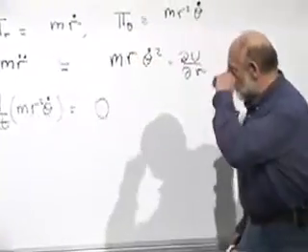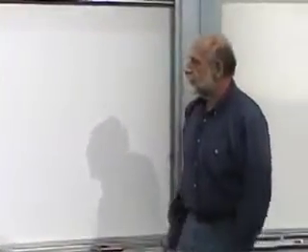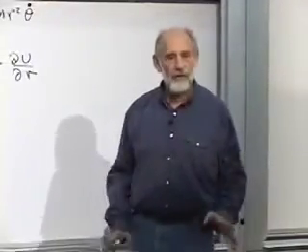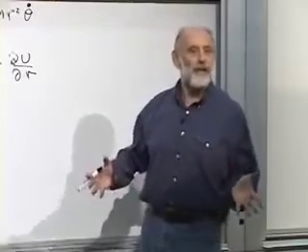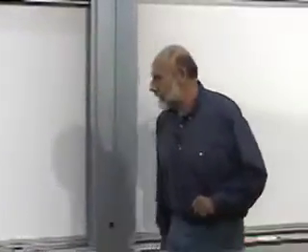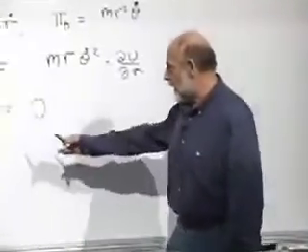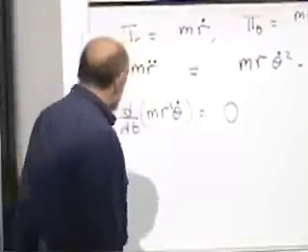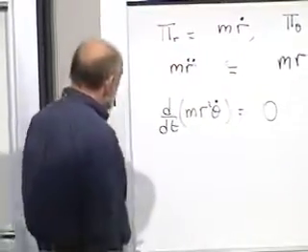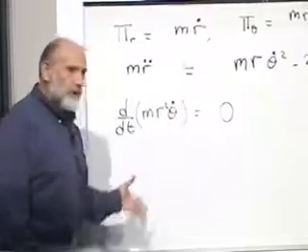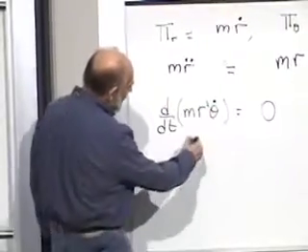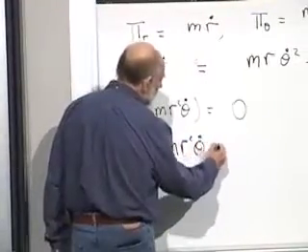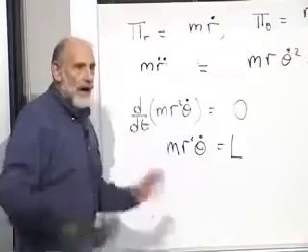What is this quantity called, m r squared theta dot? It's the momentum canonically conjugate to theta. But of course, it's the angular momentum. The symbol that's usually used for angular momentum is capital L. So instead of fiddling around with this equation, we can simply say that m r squared theta dot is equal to the angular momentum, which is constant.